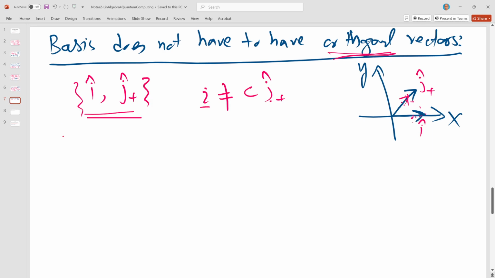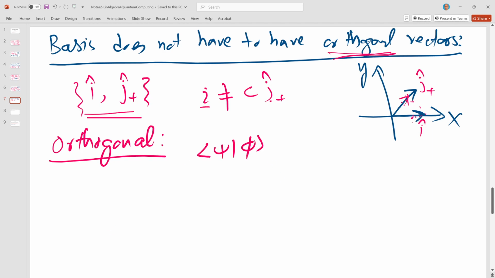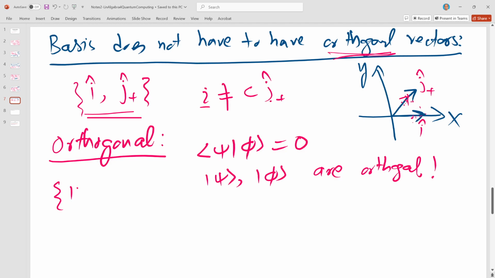And let's actually complete this definition. We call two vectors orthogonal if their inner product is 0. So psi and phi are orthogonal. But what I'm trying to say is that for W0, W1 and W2 to form a basis, they don't have to be orthogonal.